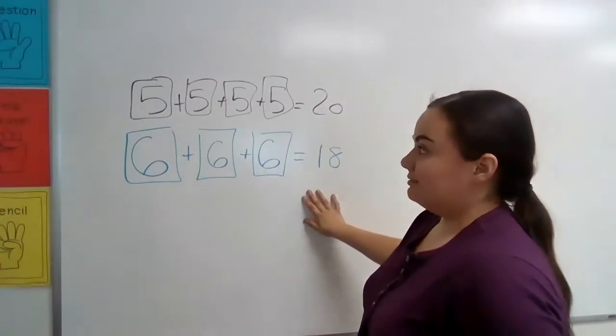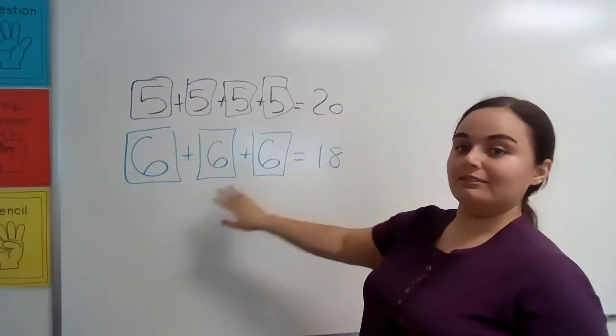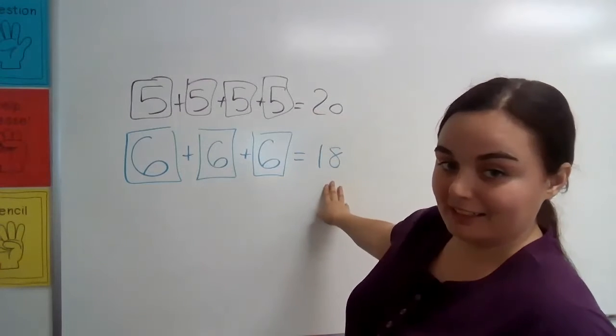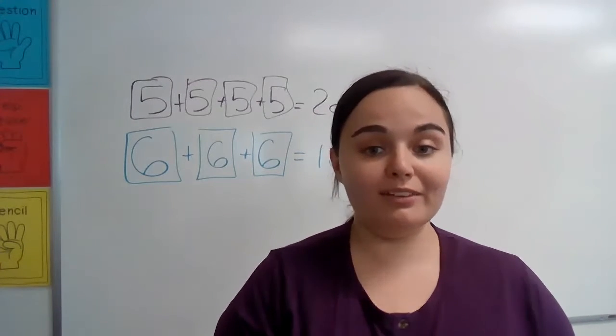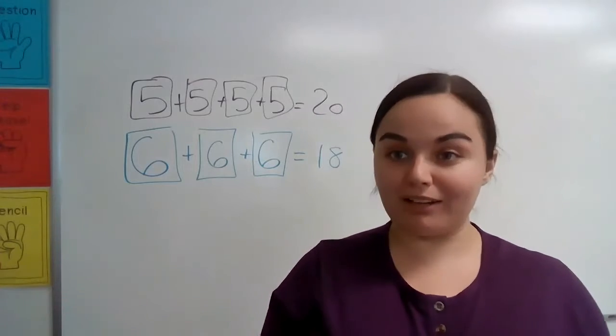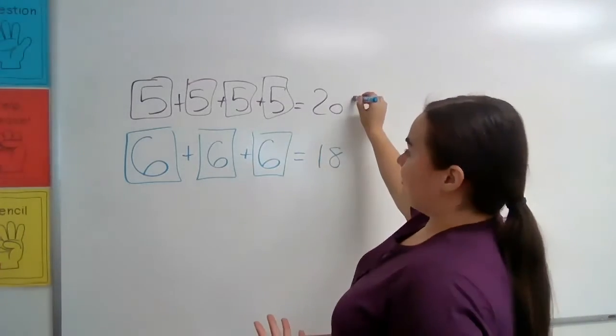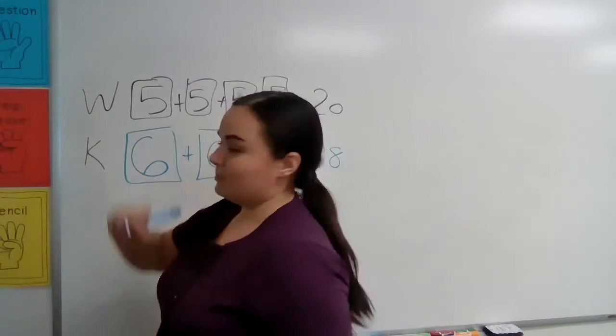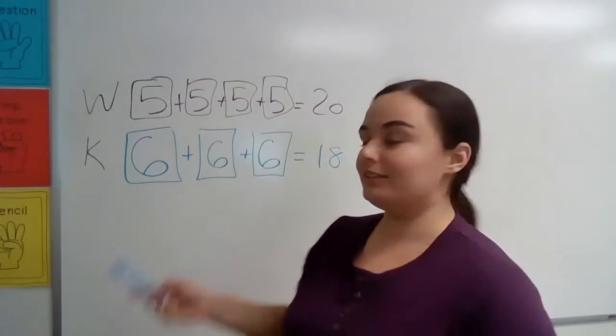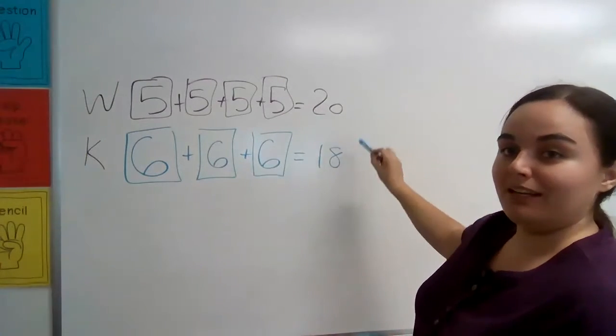With that being said, 4 groups of 5 make 20, 3 groups of 6 make 18. We can then compare them to find out who bought more and how many more they bought. So looking at this being Mrs. Witt, I'm going to put W so you remember, K here for Mrs. Carp. We've got our 20 minus 18.